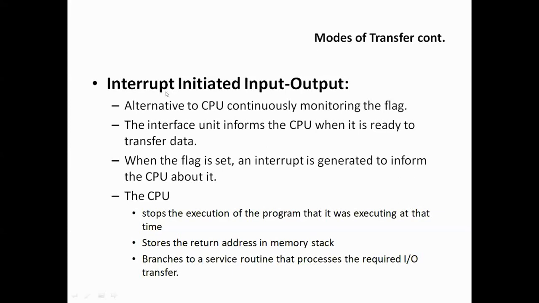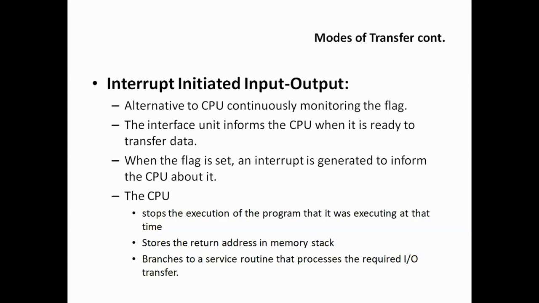It will interrupt it, meaning the CPU will be executing some other program. It will tell the CPU that some data wants to come. The CPU will stop the execution of the current program and move to the execution of this reading.